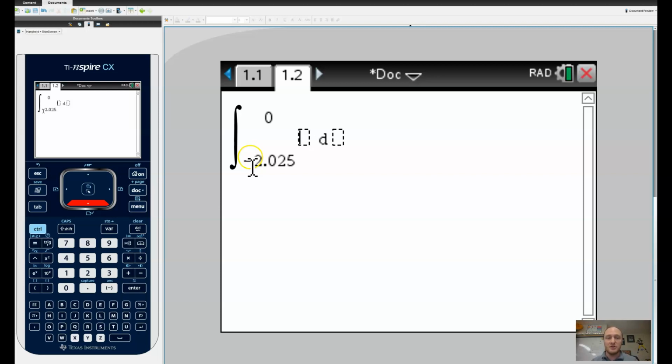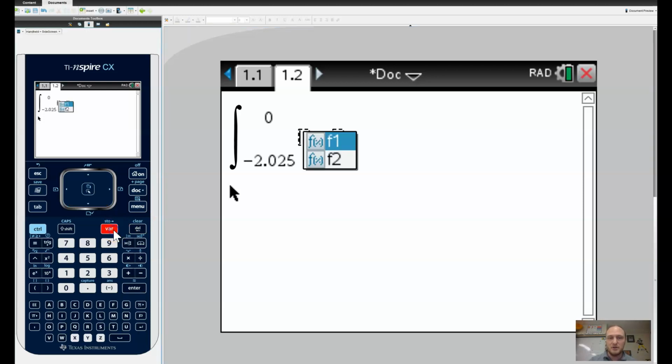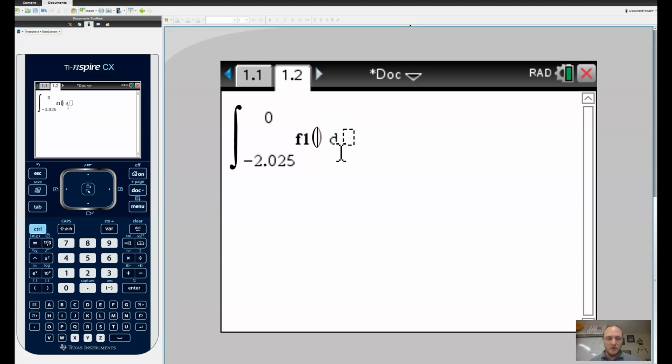Note, these functions were already stored in your calculator, so I can click the VAR button here. Notice how two functions pop up. Our first function was f of x, so f1 of x minus, now I'm going to subtract the other function, f2, which was g of x. And notice I'm integrating with respect to x.